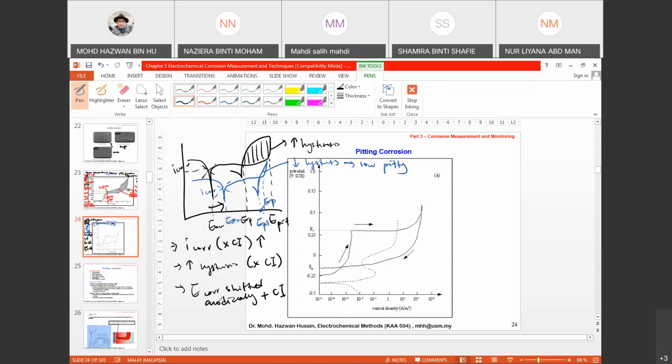Anything you didn't understand? What is I pit? If you look at this drawing, maybe it's hard for me, it's already crowded. Okay, so this is the plot for this one. You see active, and then it goes up, before it returns.